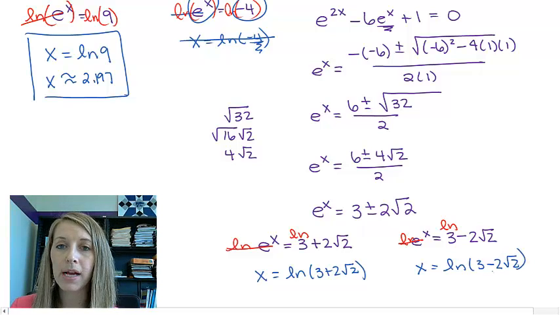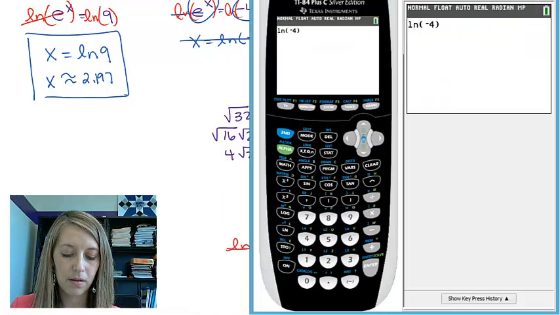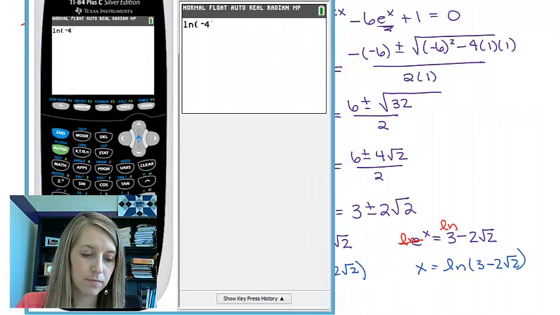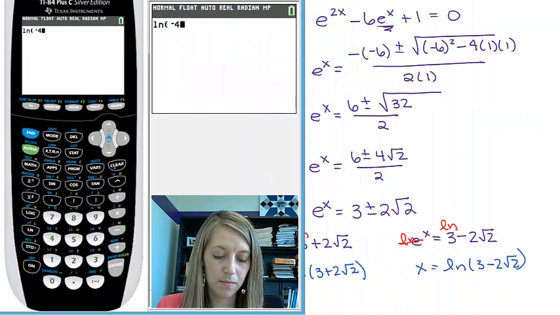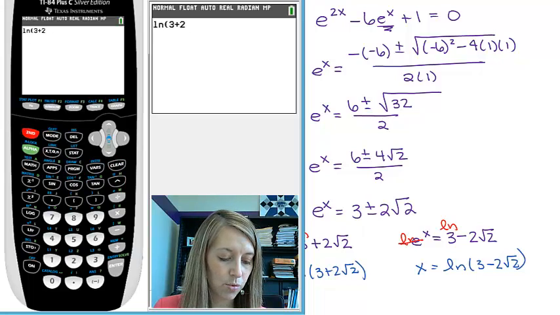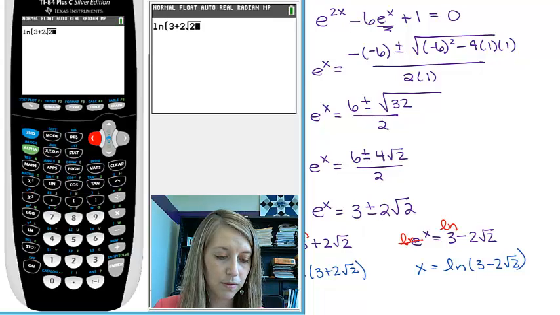If I wanted approximate answers, I would just be typing them in my calculator. So I have natural log of 3 plus 2 times square root of 2. Gives me my first solution.